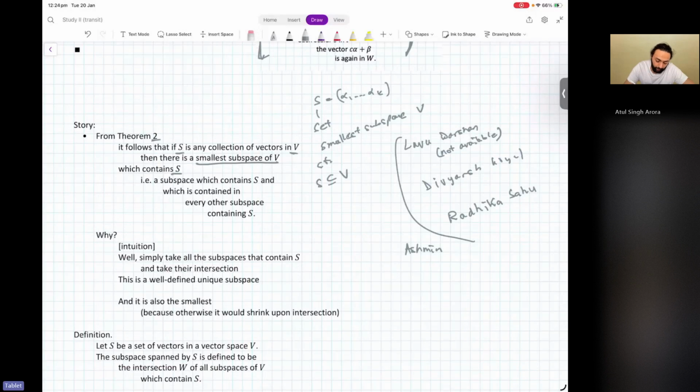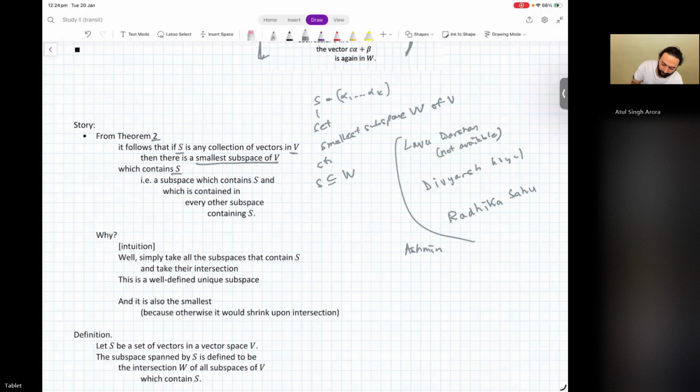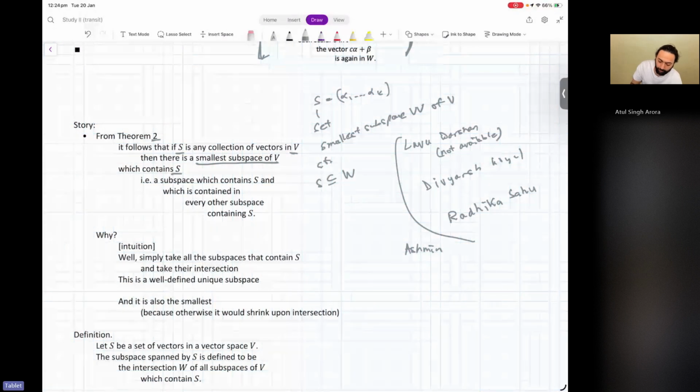Okay, does that sort of make sense? Yes, because V itself is a subspace of V, so every collection of vectors will have some. What we're saying is that V is like some huge vector space, right?